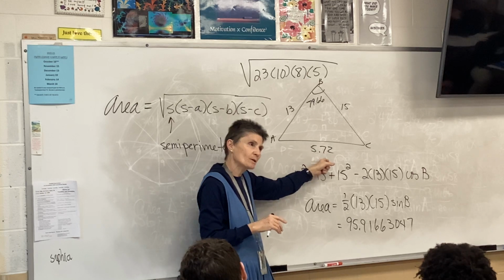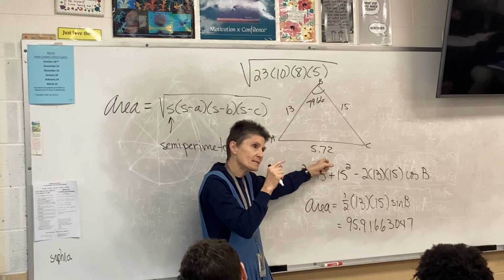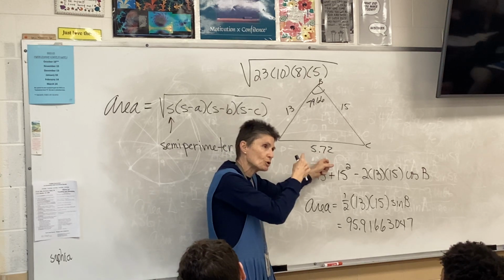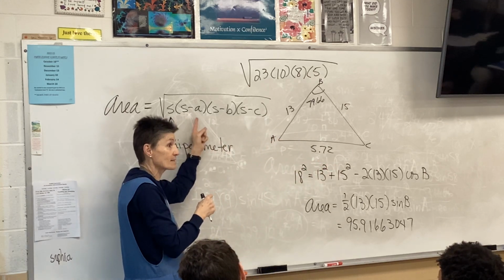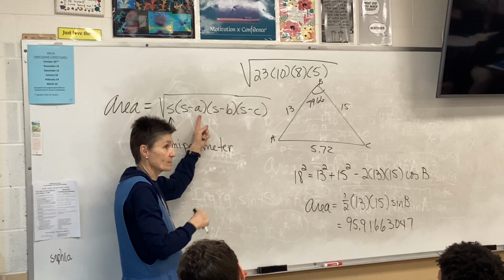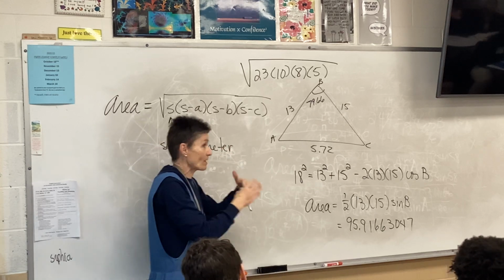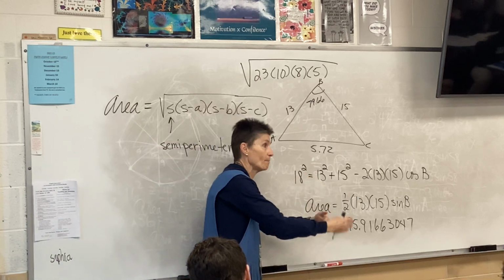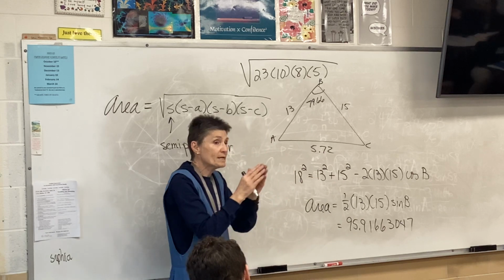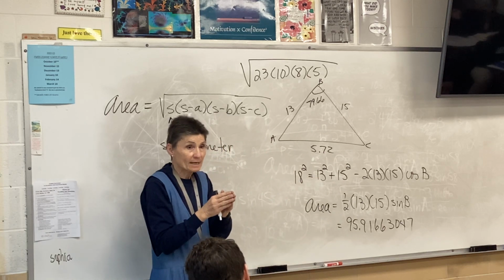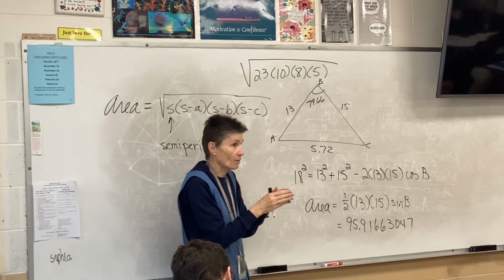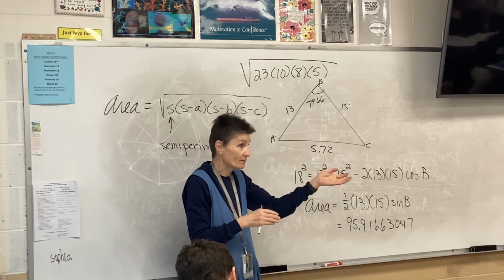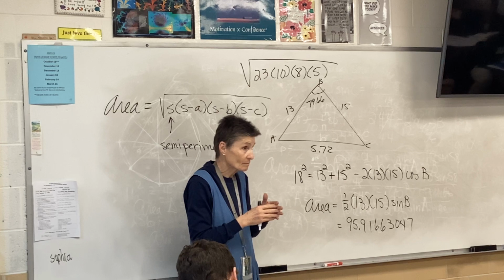Because that was rounded off, and how many times is that number used in the formula? It's used in every S, and it's used in whatever side it is. So that round off error just gets compounded. So only use Hero's formula if you know all 3 sides. If you don't know all 3 sides, then use 1/2 side, side, sine.